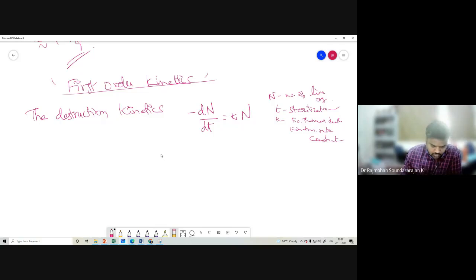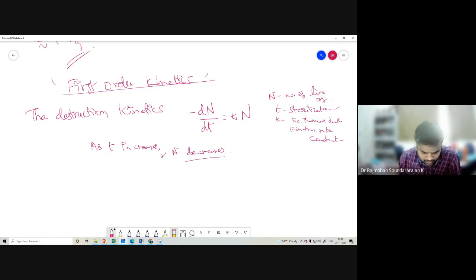So what is the negative sign implying? The negative sign in this equation indicates that as t increases, as the time increases, N decreases. That is, the number of live cells decreases. Can we integrate it?